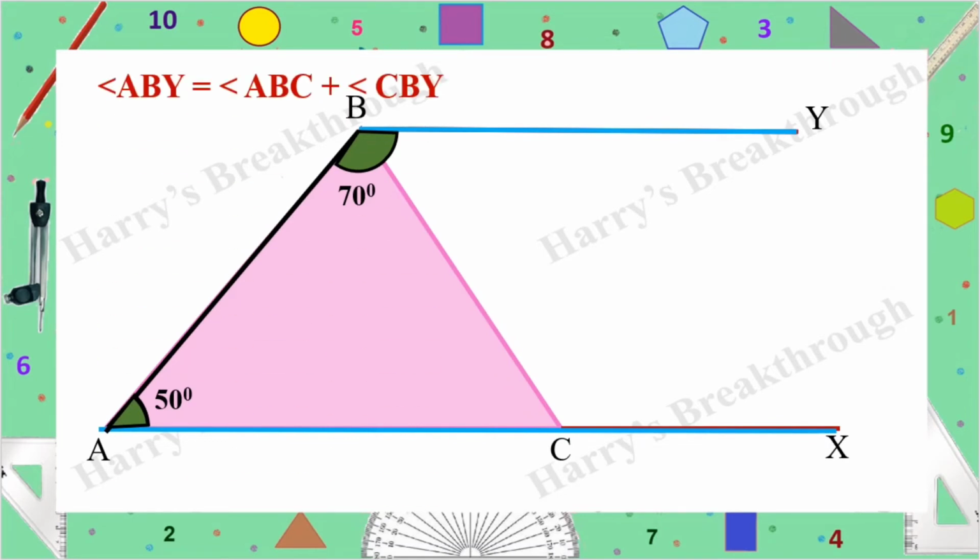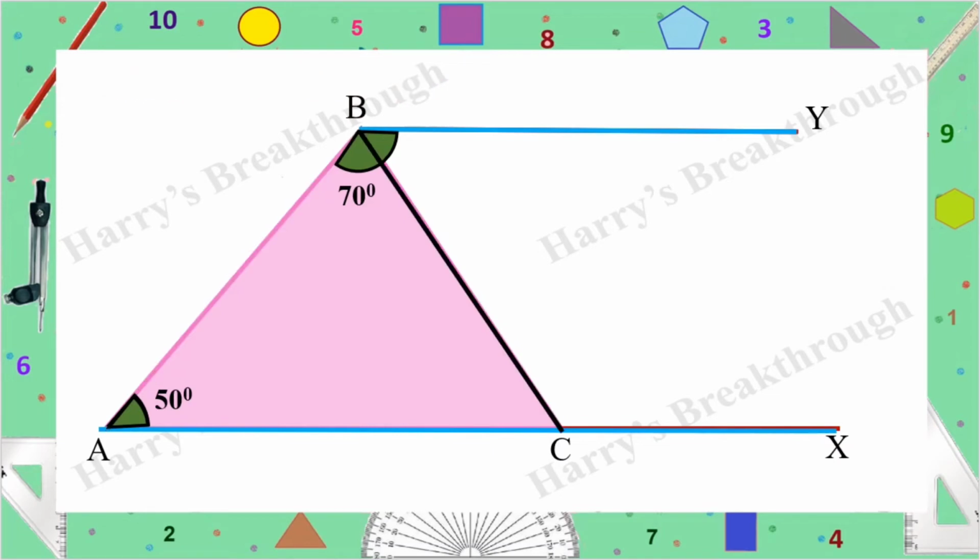Here we know the measure of angle ABC is 70 degrees. Then what will be the measure of angle CBY? CBY will be 130 minus 70, which is equal to 60 degrees. So angle CBY is equal to 60 degrees.